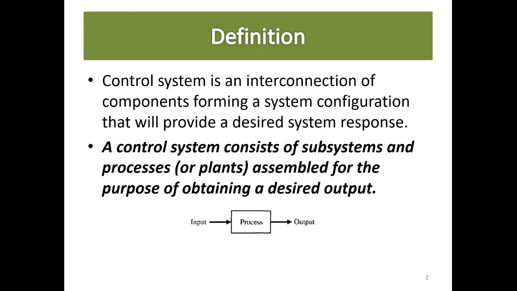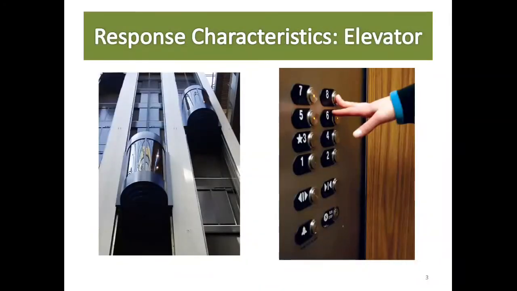The figure shows an open loop control system, which does not have any feedback, and the example is an elevator. It is a common control system example. If we look at the figure, when you press the button, here he is pressing 8, the lift will go to the 8th floor.